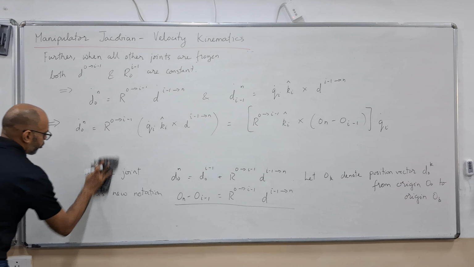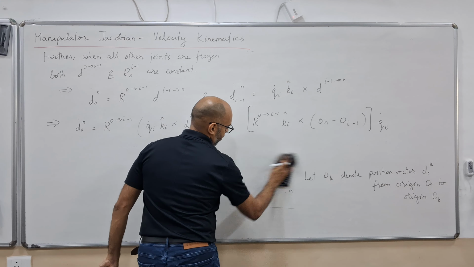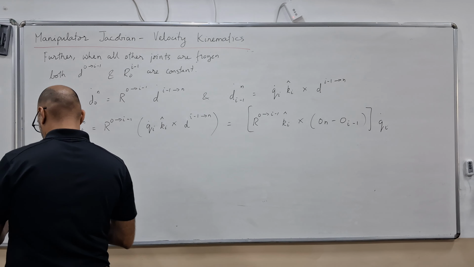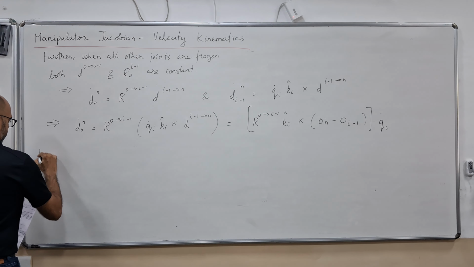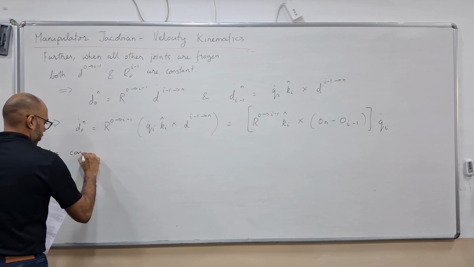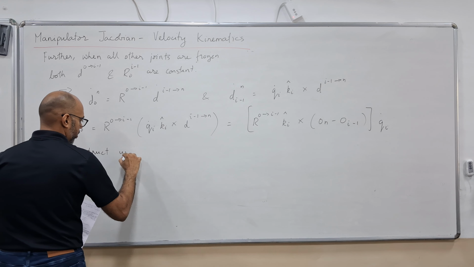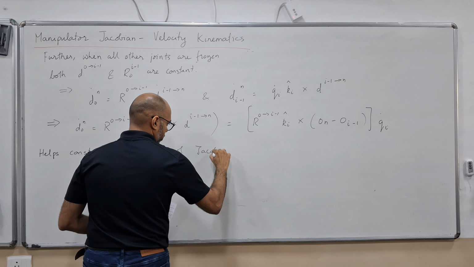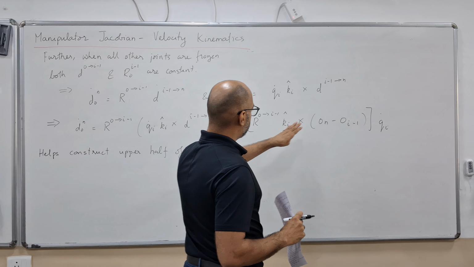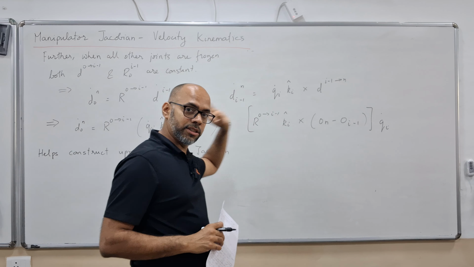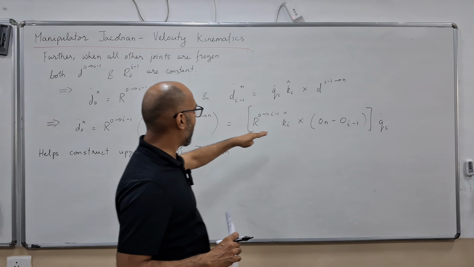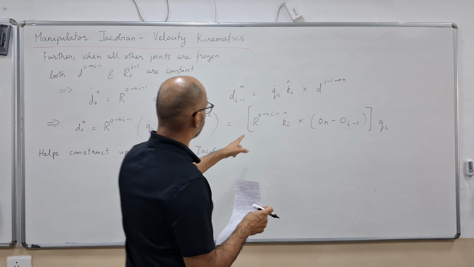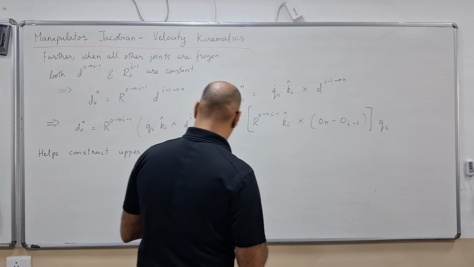So this leads me to now the final Jacobian, and the ith column would be this in case of revolute joint, and we had seen in case of prismatic joint it was just r0 to i minus 1 times ki hat.